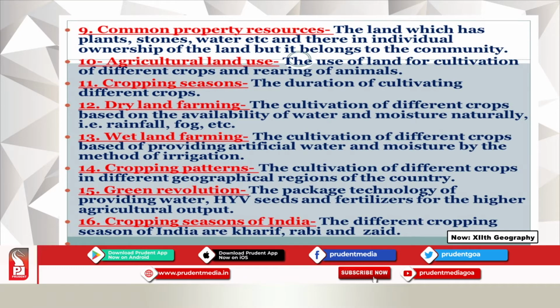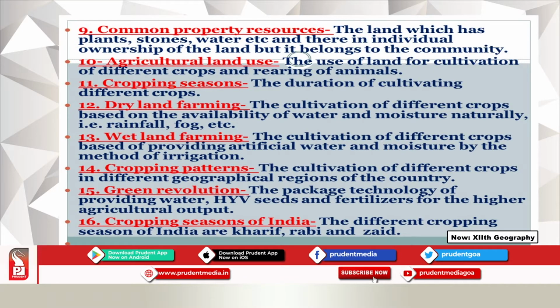Dry land farming: the cultivation of different crops based on natural availability of water and moisture, that is rainfall, fog, dew, etc. Wetland farming: the cultivation of different crops based on providing artificial water and moisture by the method of irrigation. Cropping patterns: the cultivation of different crops in different geographical regions of the country.